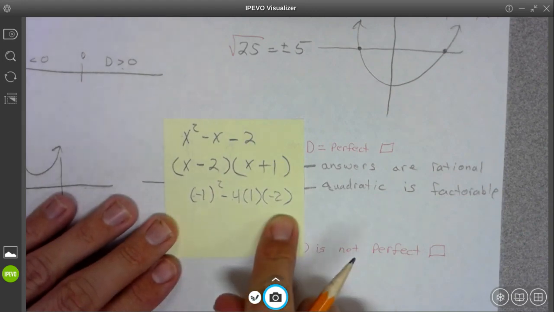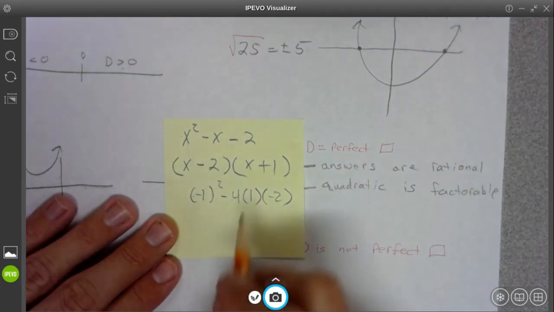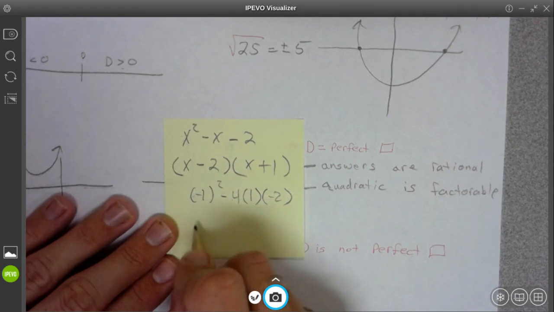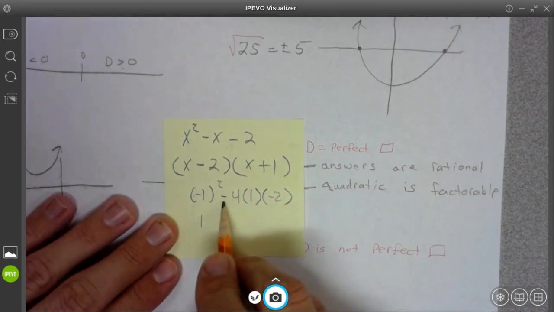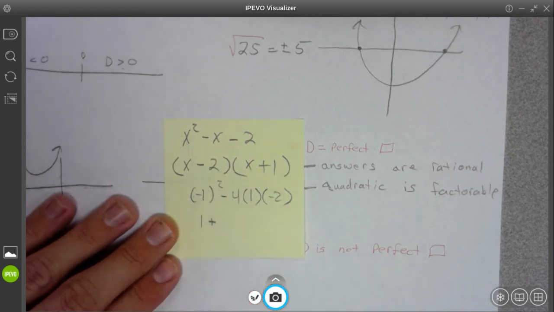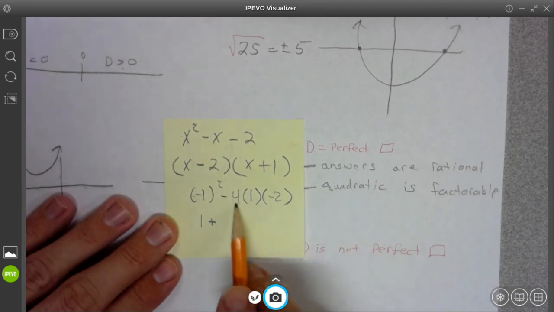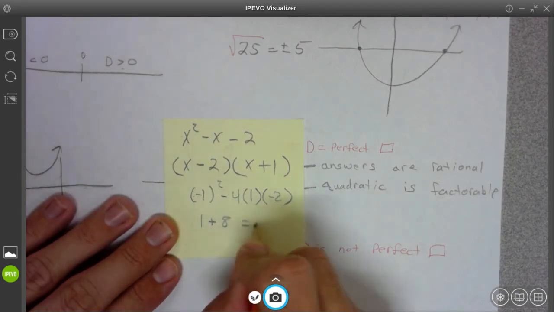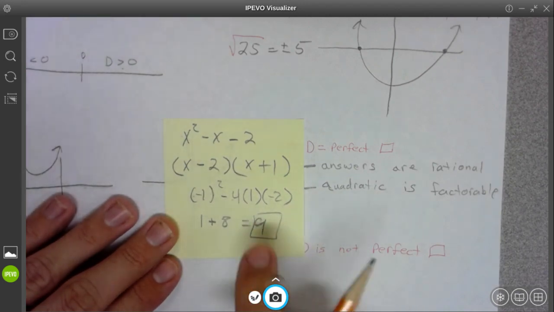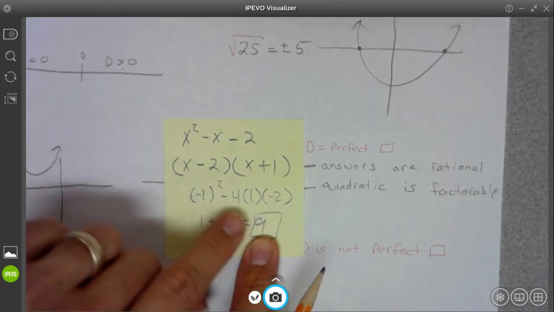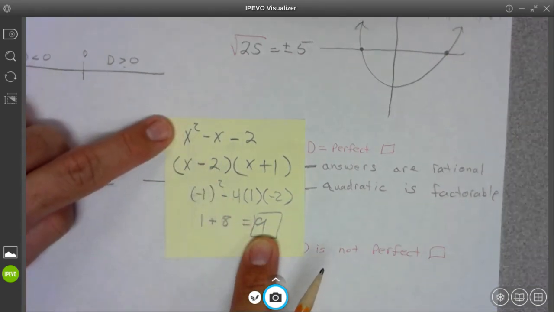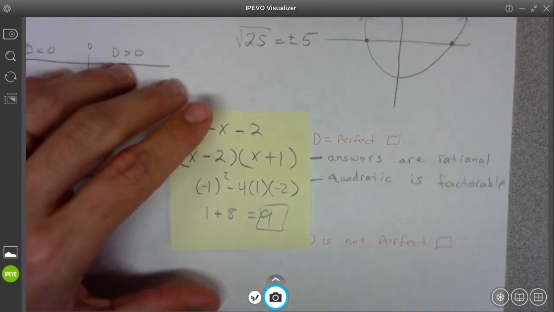If I find this discriminant, it's going to be a perfect square. Negative 1 squared is 1. You got two negatives, so it makes it a plus sign. And then 4 times 2 is 8. You get 9. And 9 is a perfect square, which meant that this original polynomial is factorable.